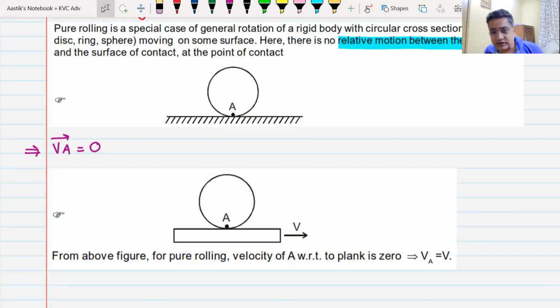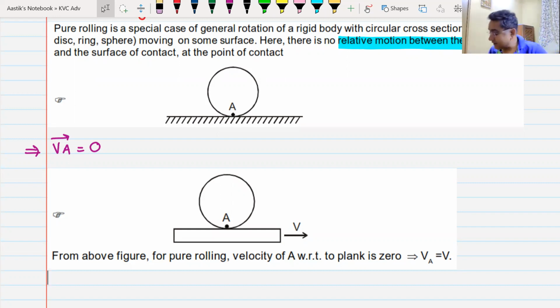There could be a plank which is moving with a velocity v, and there could be a circular thing, a ring or a disc, on the top of it. And there could be no slipping between the plank and the body which is moving. Do we understand this? Yes, sir.